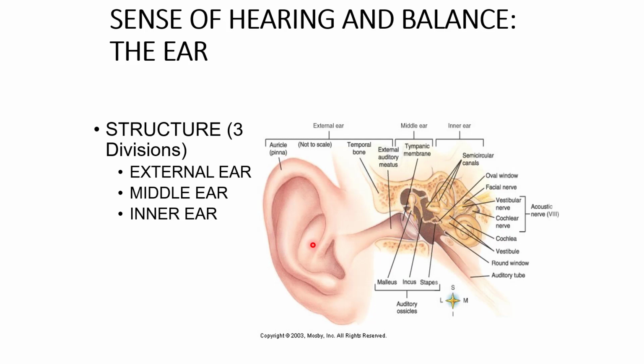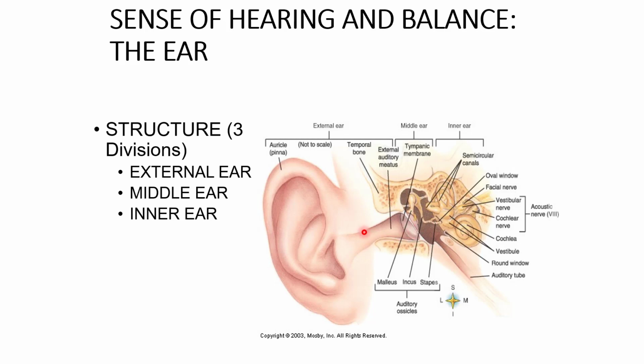The auricular part is made up of skin, underlying which there is cartilage. So this part is cartilaginous, and the inner 2/3 part is the bony part, made up of the temporal bone.